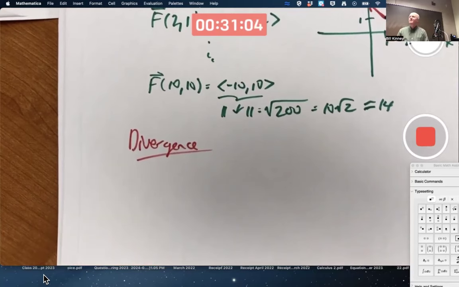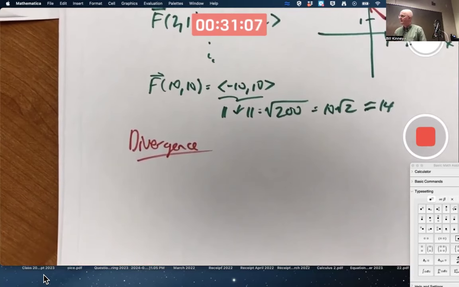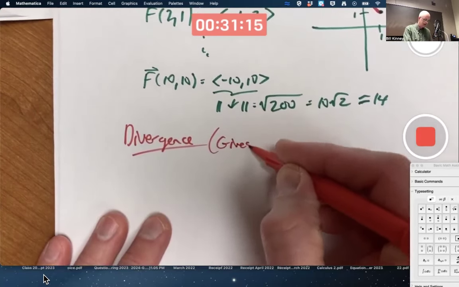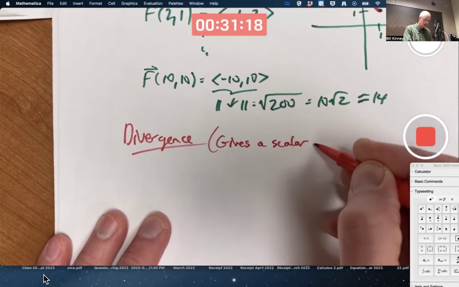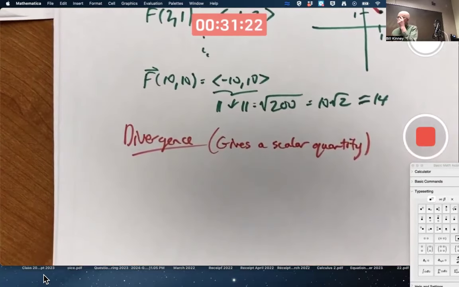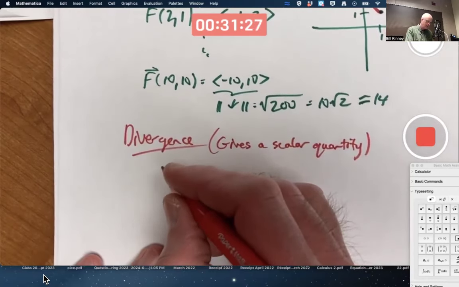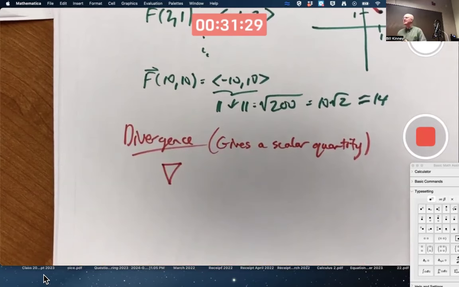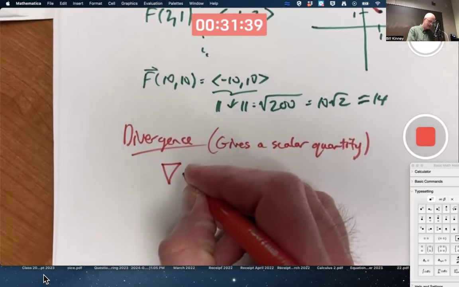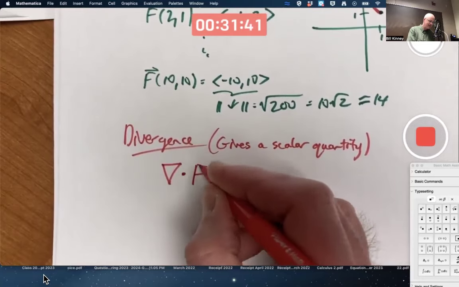Divergence is a kind of derivative of a vector field that gives you a scalar quantity. And it's got a certain kind of funny notation. We use the gradient operator, del or nabla or d, if you want to call it d, and dot it with the vector field.